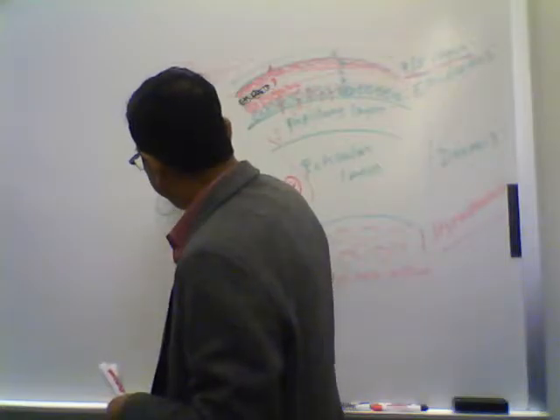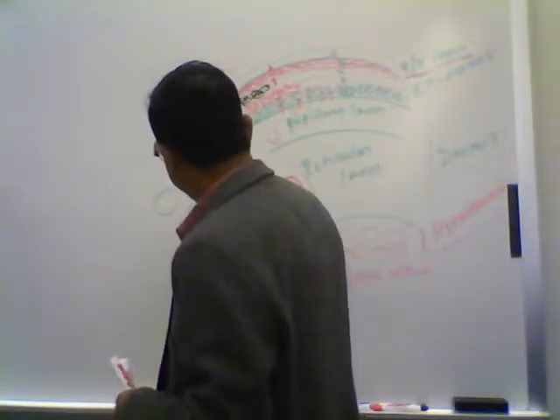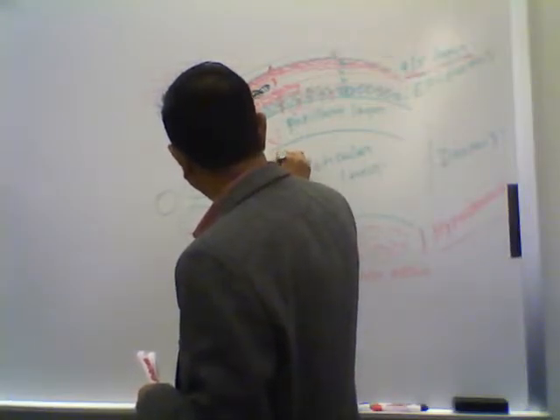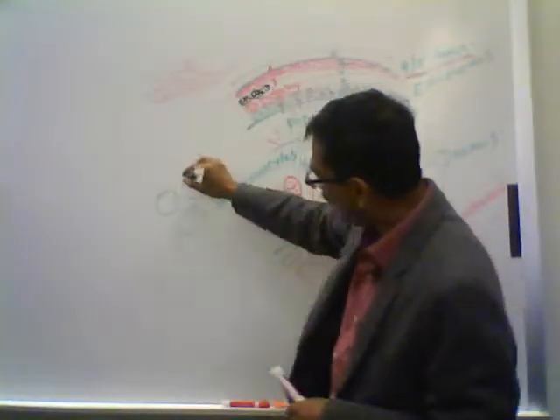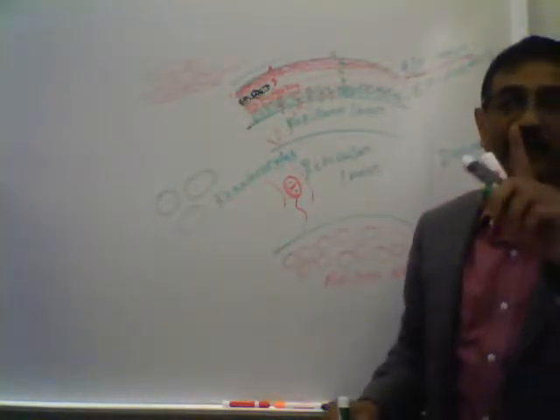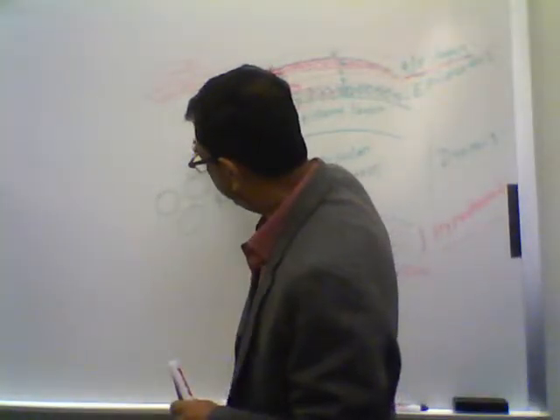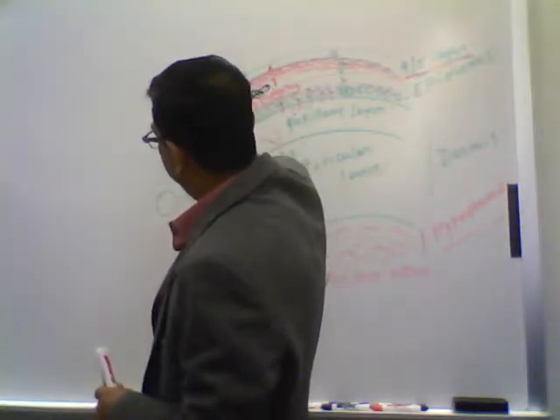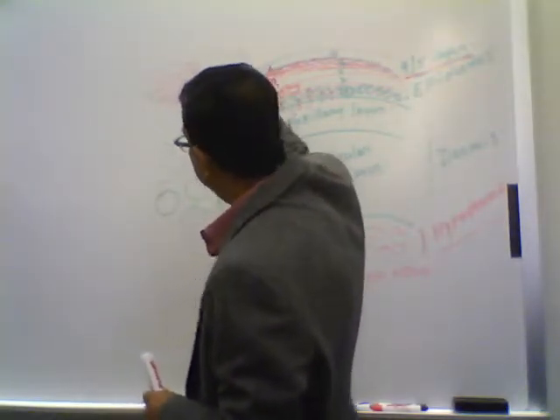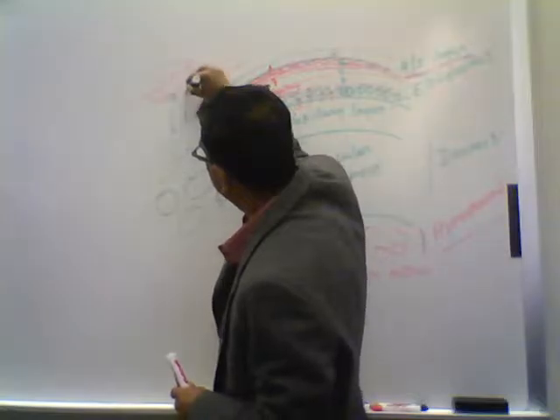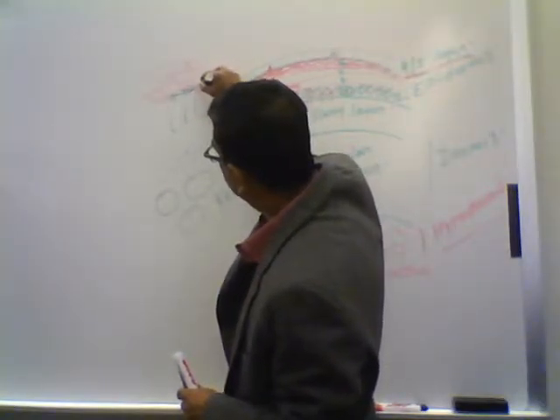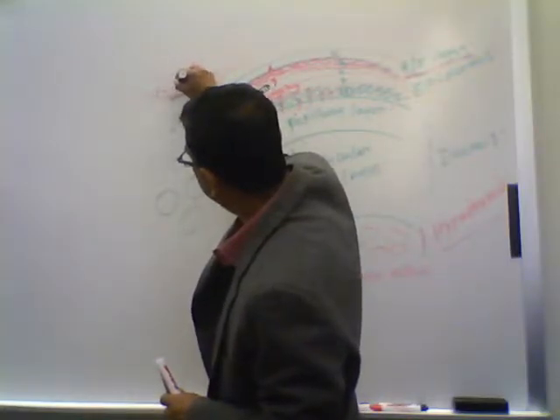One is called keratinocyte. Keratinocytes, remember, produce and secrete keratin. And then the dead squamous cells receive the keratin.